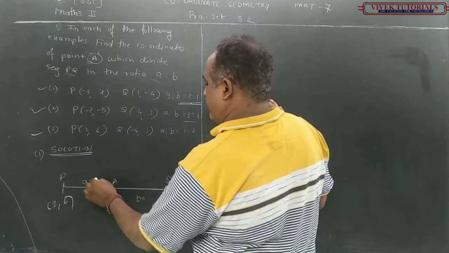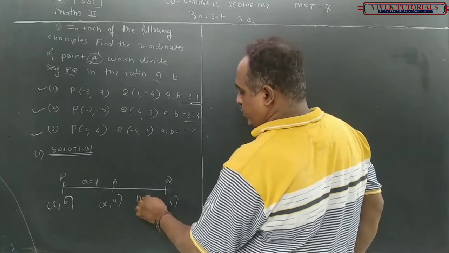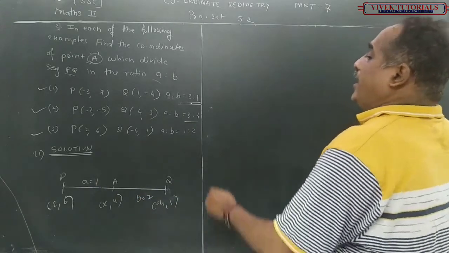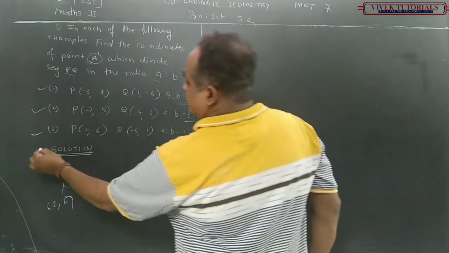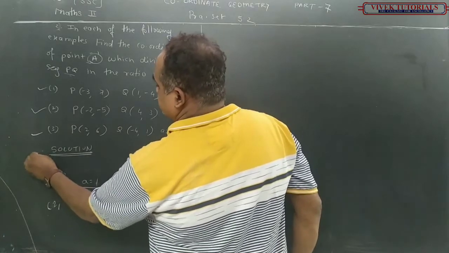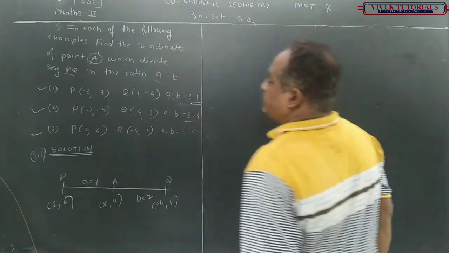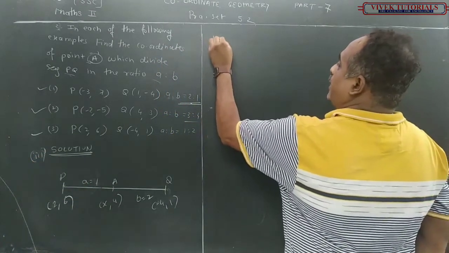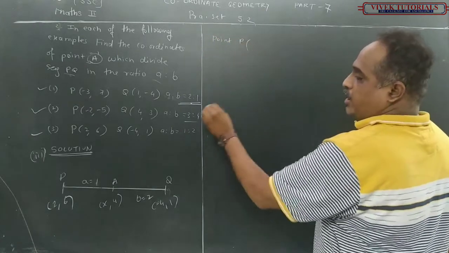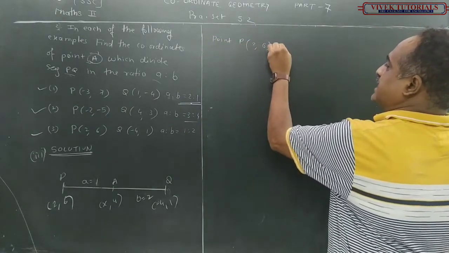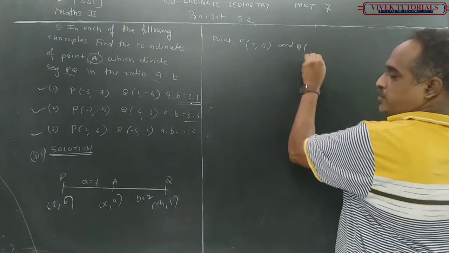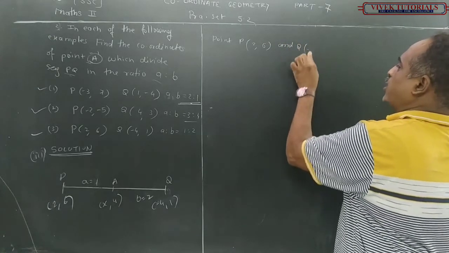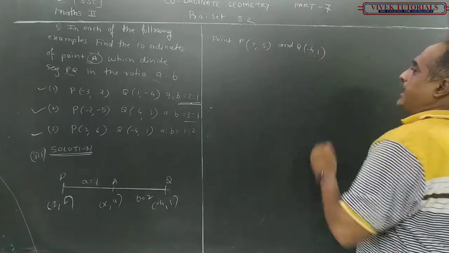The value of A is 1, the value of B is 2. So this is the solution of question number 3. Point P coordinates are 2, 6 and Q is minus 4, 1. Got it?